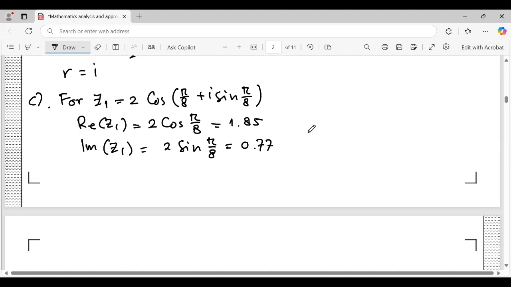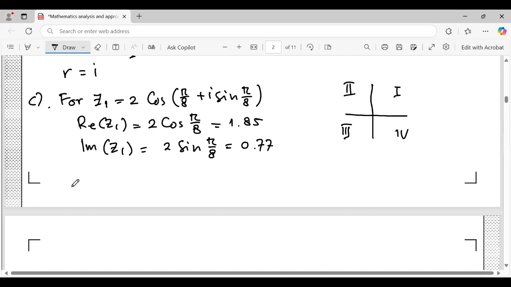This is the Argand diagram like this. Okay, and this is the first quadrant, second quadrant, third quadrant, and the fourth quadrant. Z1 is located here on the first quadrant, right?